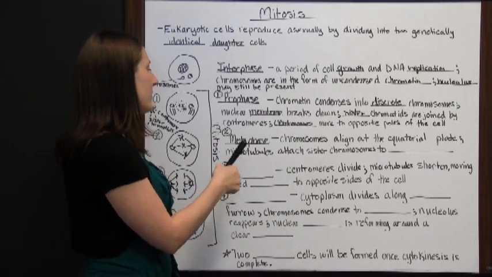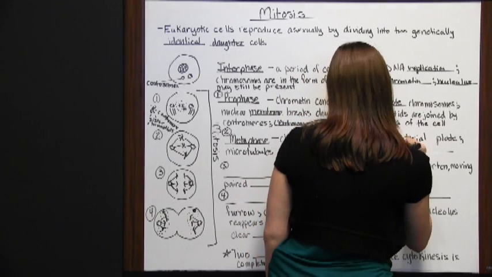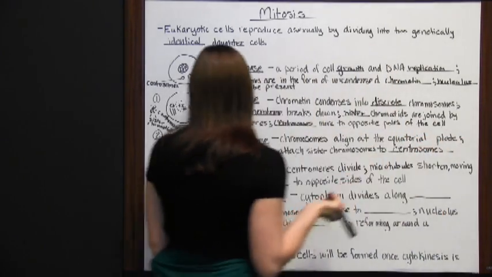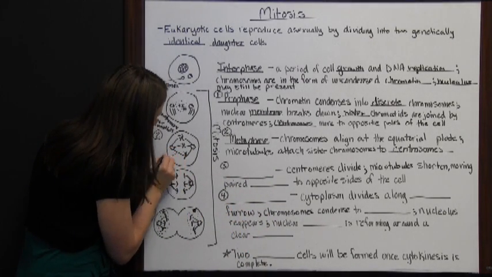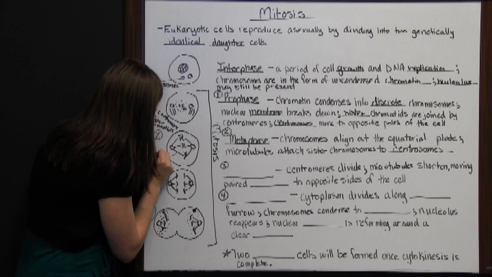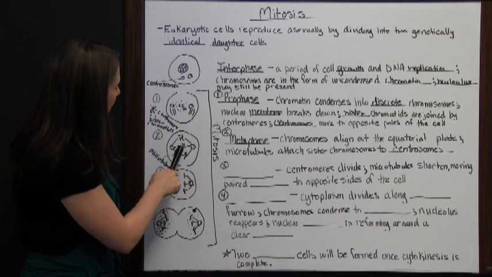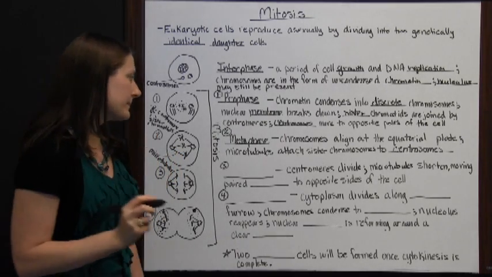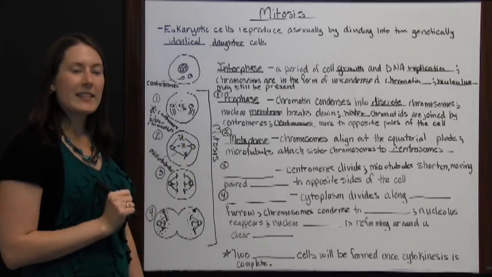The microtubules attach sister chromosomes to the centrosomes. So you've got your centrosomes, and these are your microtubules that are attaching the chromosomes to the centrosomes. They've lined them all up along this equatorial plate.